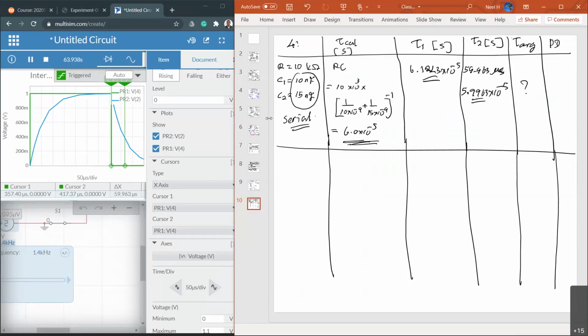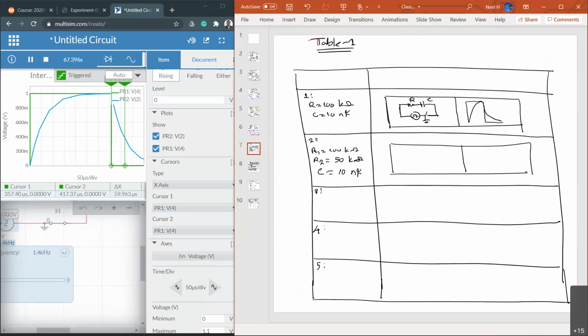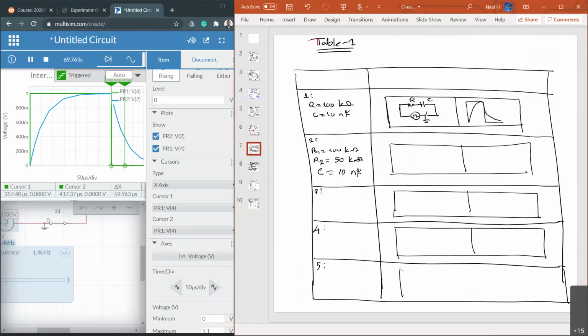All of those circuits should go in here. You have to have the circuit number 3, all the information, and then circuit number 4, all the information, and then circuit number 5, all the information, okay? That is table 1, that part of our data. And all of them should show the circuit picture, including the graph, and then all the information. Okay, good. Any question?